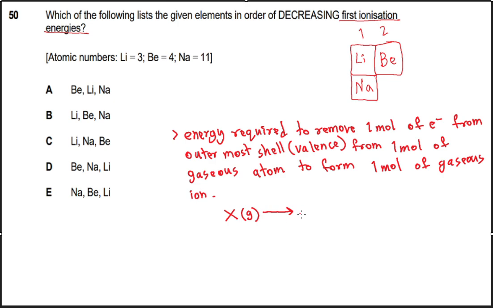This forms an ion X plus in its gaseous state, plus just 1 mole of electrons because it is first ionization energy. So now that we have understood the arrangement of these three elements, lithium, sodium, and beryllium, and the definition of first ionization energy, let's go to these five given options to know which one is in decreasing first ionization energy.